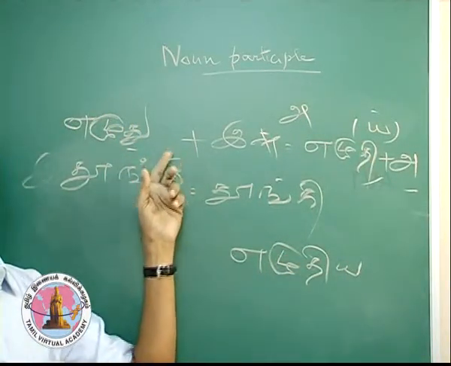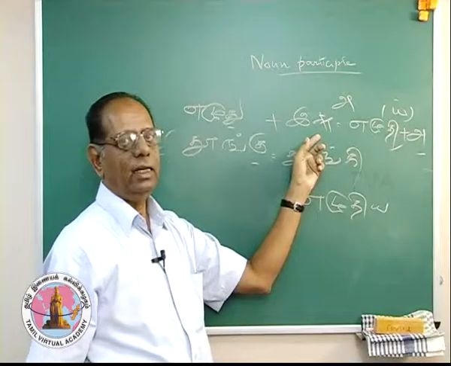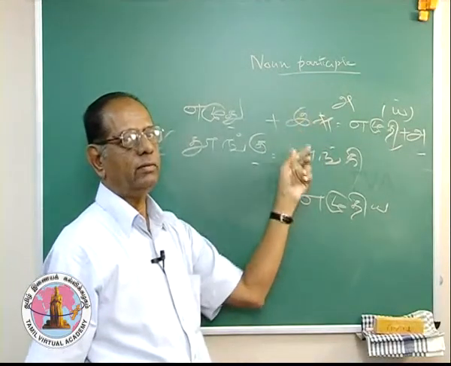The result is, verbs ending with u take i at the end for the verbal participle.